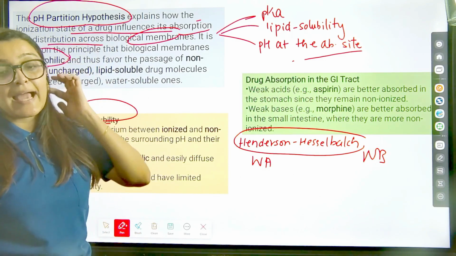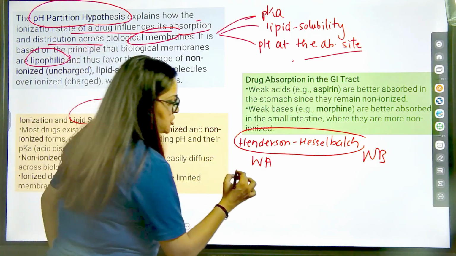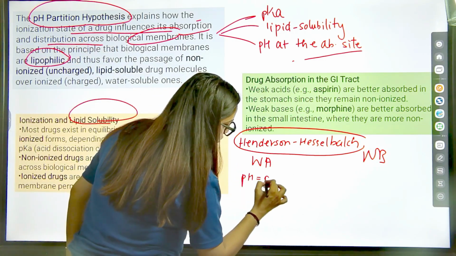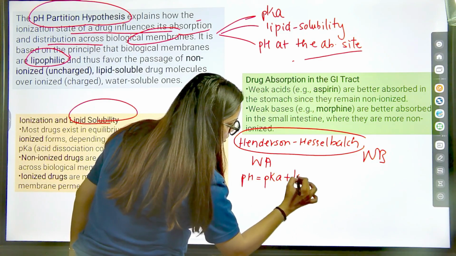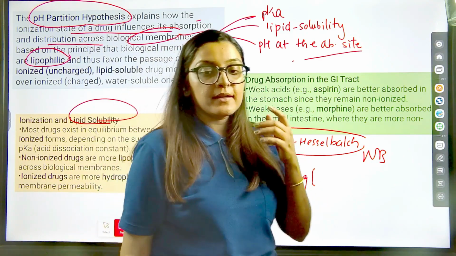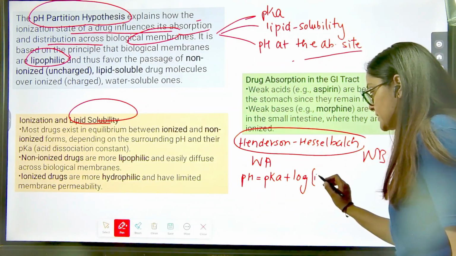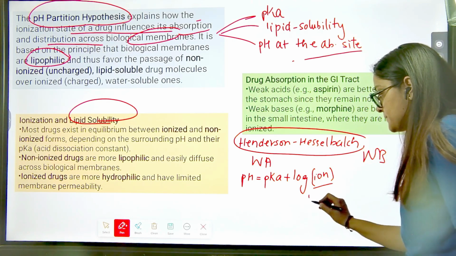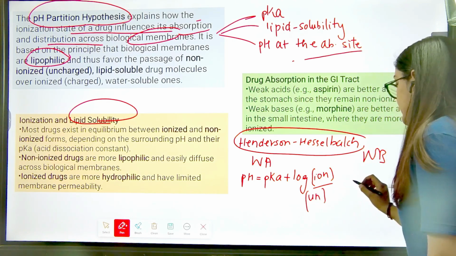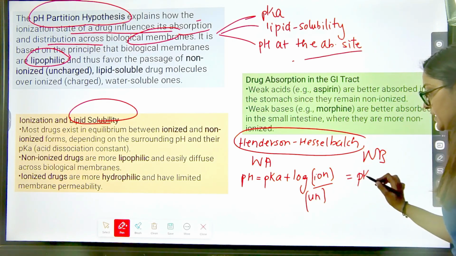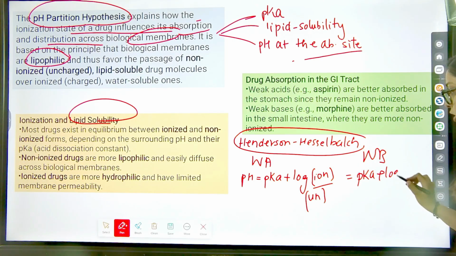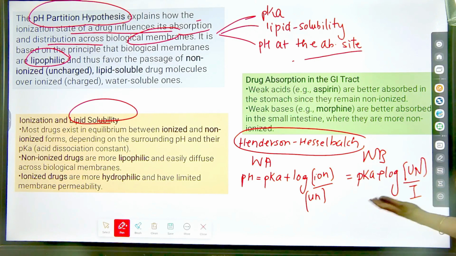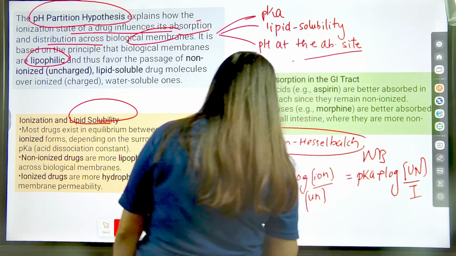For weak acids, pH equals pKa plus log of ionized upon unionized fraction. Similarly, in the case of a weak base, pH equals pKa plus log of unionized upon ionized fraction. These are the simple formulas based on the Henderson-Hasselbalch equation.